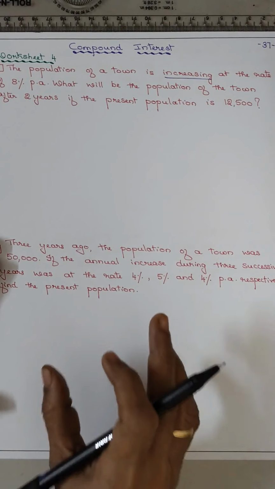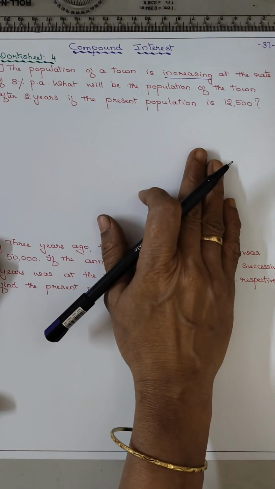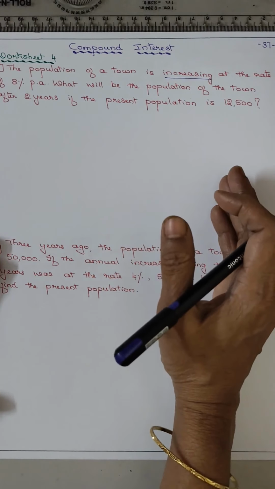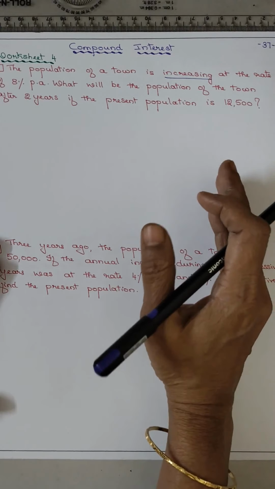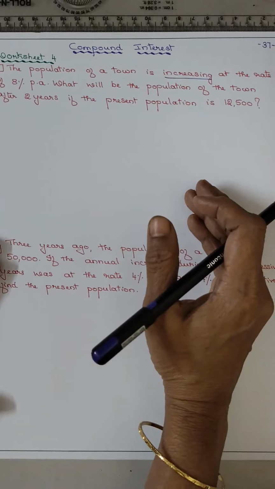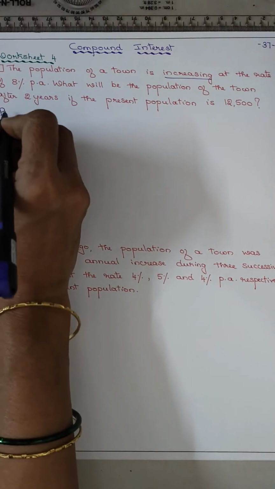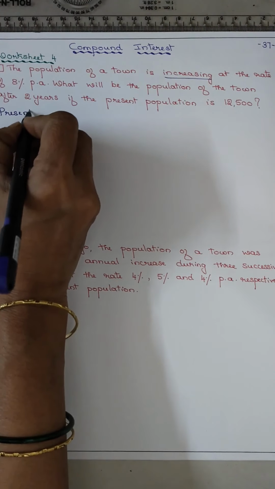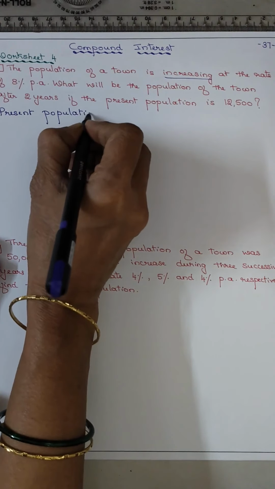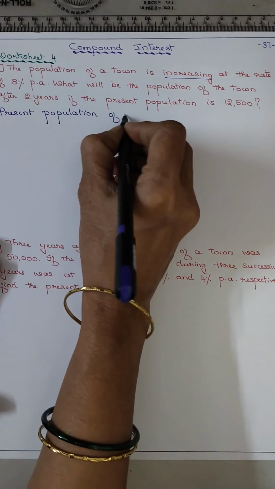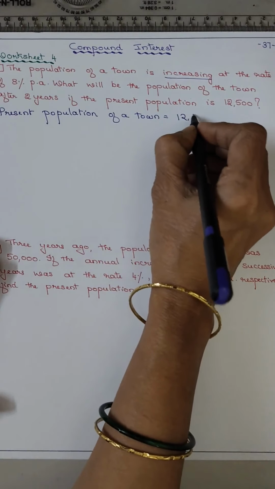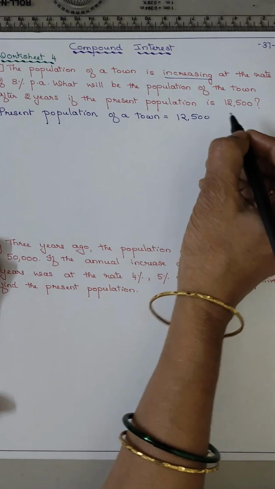12,500? अभी का population 12,500 और हर साल 8% per annum increase हो रहा है. So 2 साल के बाद कितना होगा? So what all will we write? Present population of a town, that is 12,500.